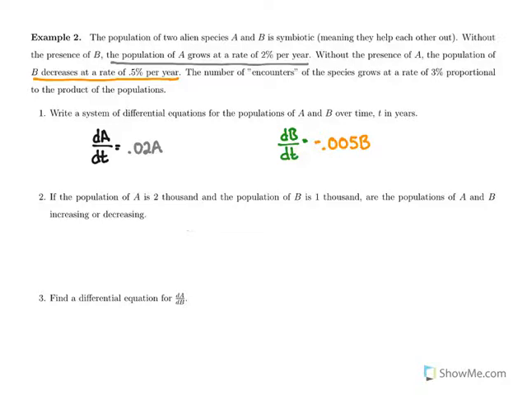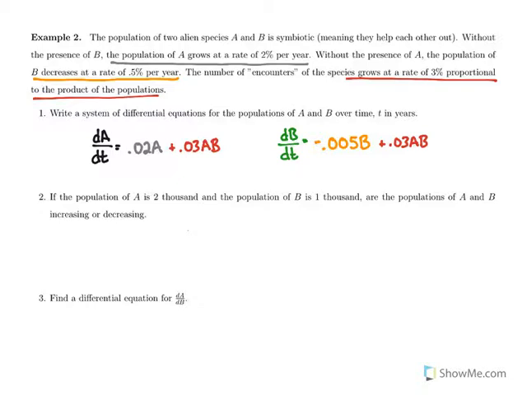Without B, A can still increase, but it will increase more because of that symbiotic relationship. So now let's look at that symbiotic relationship. This species grows at a rate of 3% proportional to the product of the populations. So that is going to be a 0.03 times the product of the populations.